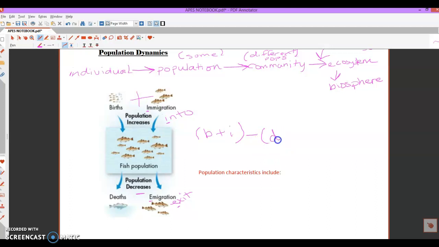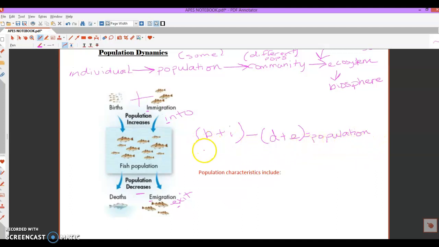So that is our death plus our emigration. Okay, and that equals our population size. Now don't freak out too much about this. We're going to do lots of practice with these problems when we get to the human population portion of this unit. Okay, but this is something that you'll need to remember for the future.